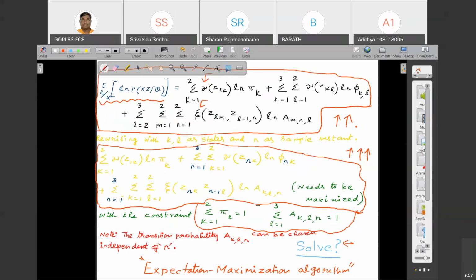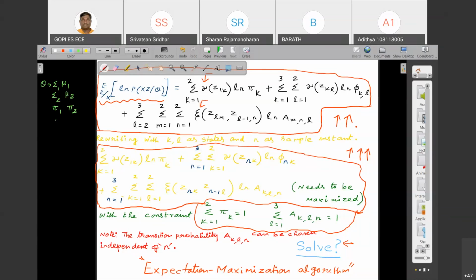To solve this, we are going to use the expectation maximization algorithm. You are going to get the unknown parameters. Theta is this unknown parameter. We are interested in knowing sigma 1, mu 1, sigma 2, mu 2, and pi 1, pi 2.